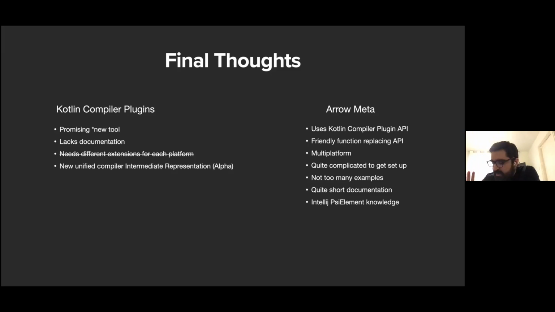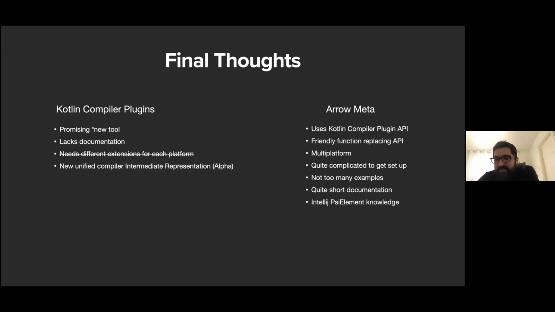It works as an intermediary between you and the Kotlin compiler plugin API. It's got a friendly function replacing API, as you saw in our example. They say that it's multiplatform. I didn't try it on other platforms, sorry, but well, they say so, and it must be true.